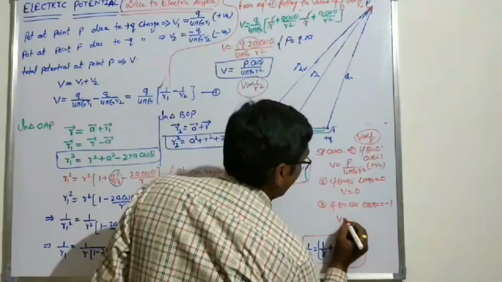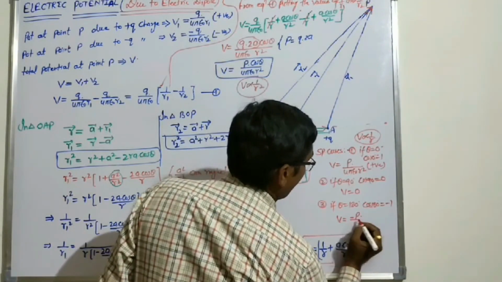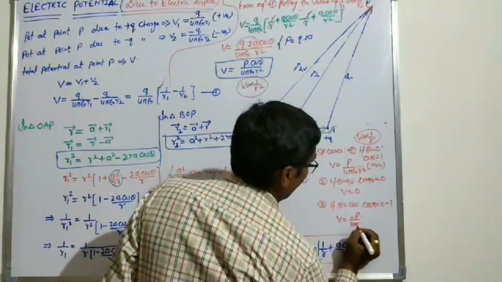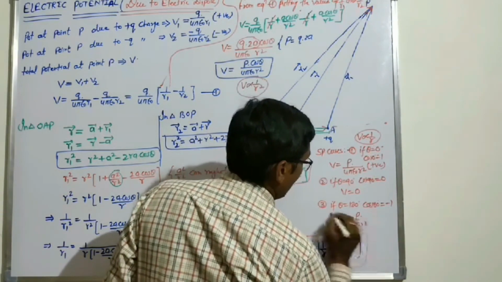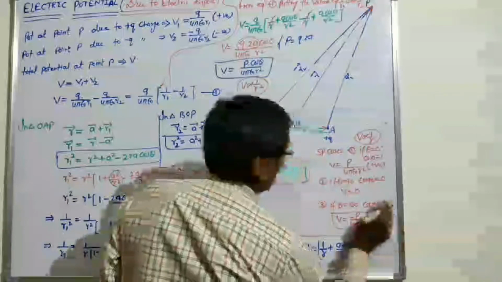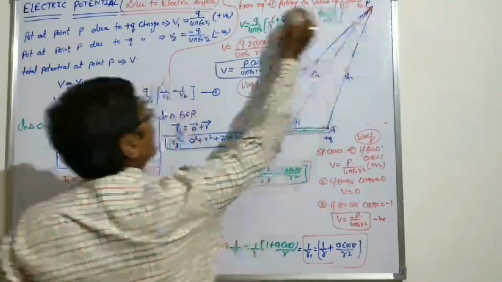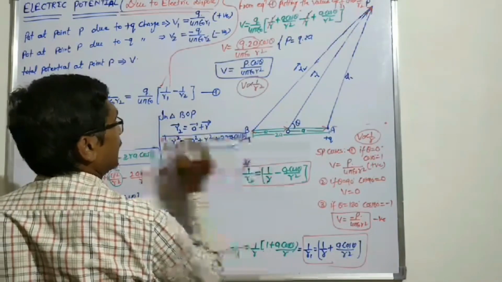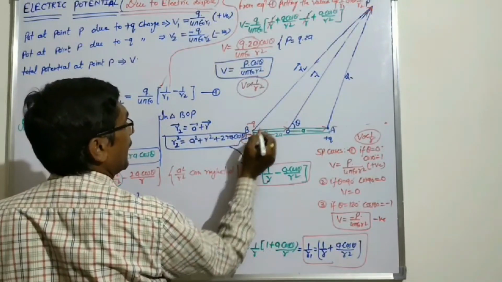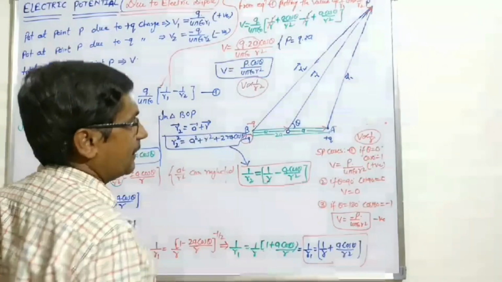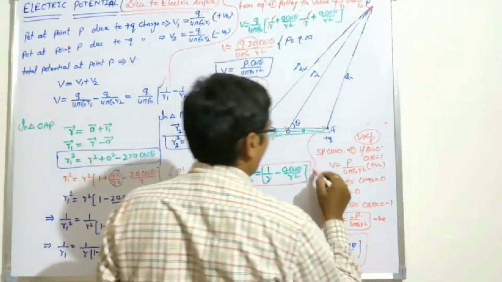That means potential V equals minus P upon 4 pi epsilon naught R square. It is negative potential. 180 degree means the observation point is situated towards the negative charge, that's why potential is negative. These are the special cases.